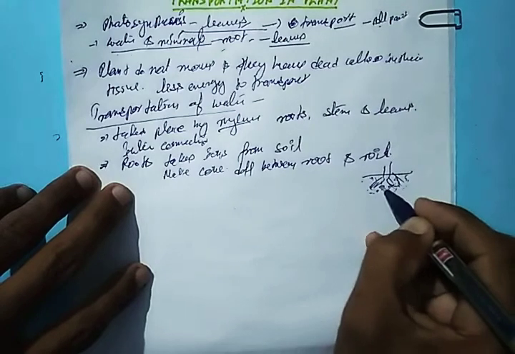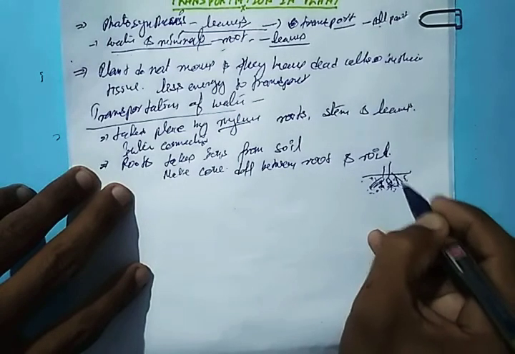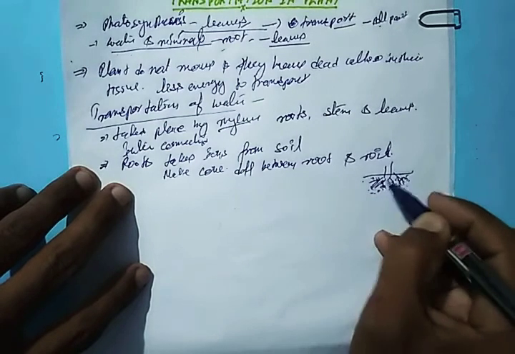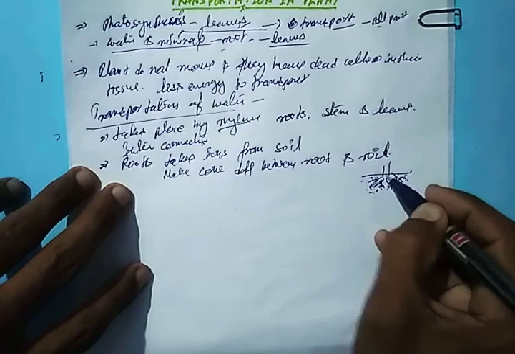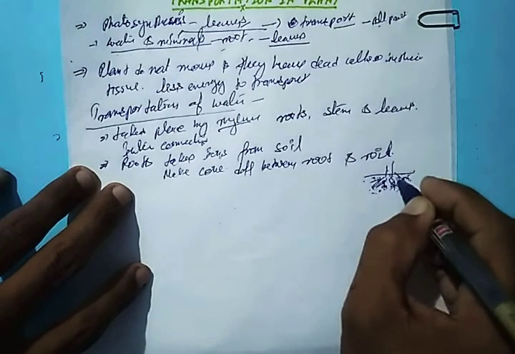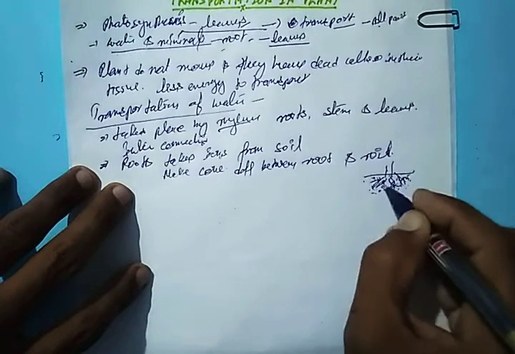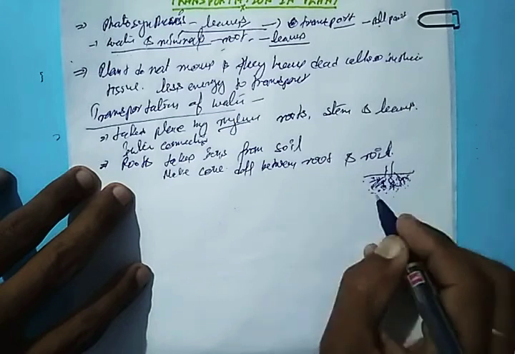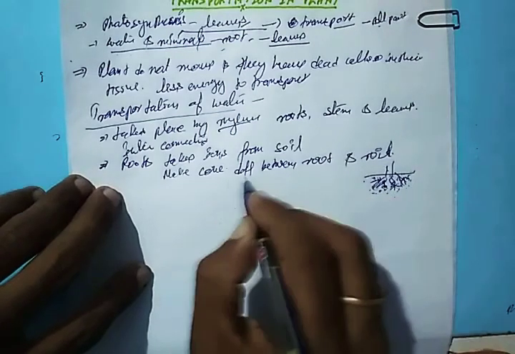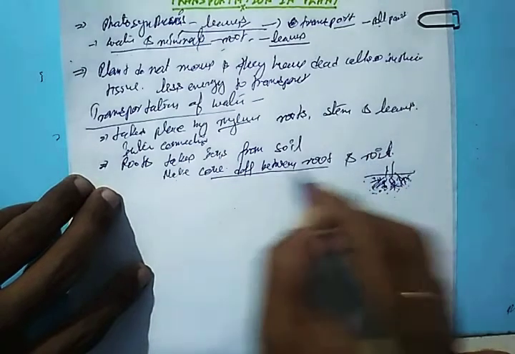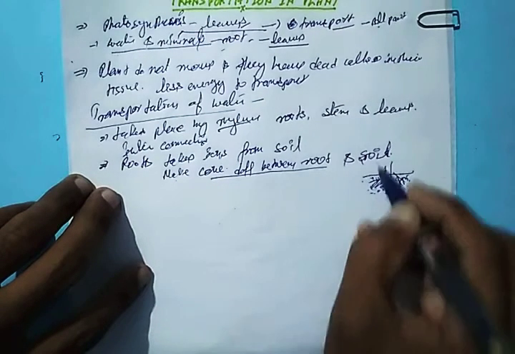The roots absorb the ions, and the concentration of ions becomes higher in the roots, and the concentration of nutrients present in the form of ions in the soil becomes less. That makes a difference between root and soil.